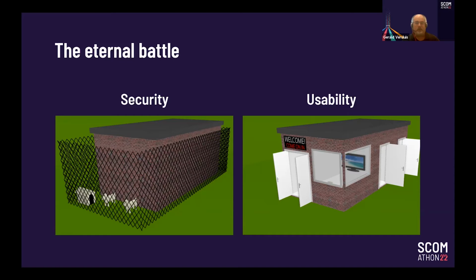On the other hand, the house on the right is quite usable, but unless this is somewhere in the middle of nowhere, that TV will be gone shortly. And you can pretty much bet on that. So is that secure? Not really.